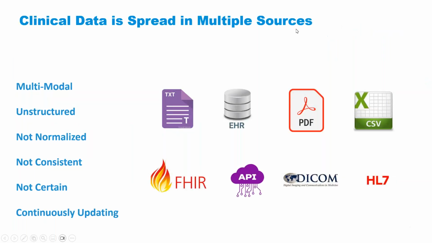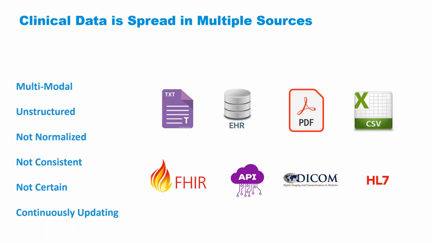So the idea of how to build patient journeys and how to make analysis and cohorts is that we need to gather the information that is usually spread across multiple sources.